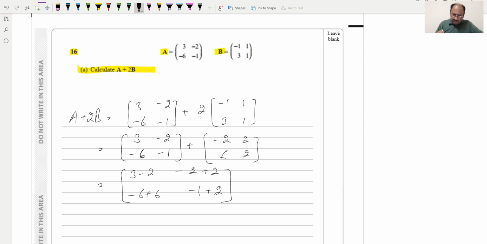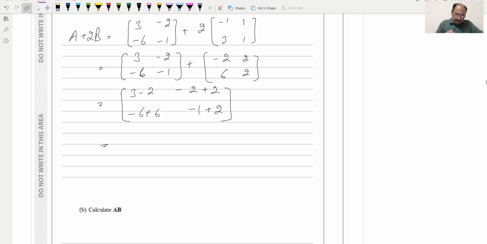This is how we are adding, and this will be equal to 3 minus 2, which is 1, and this will result in 0, and this one also will result in 0, and this will result in 1. This will be the identity matrix, and this will be our answer, which we have done.